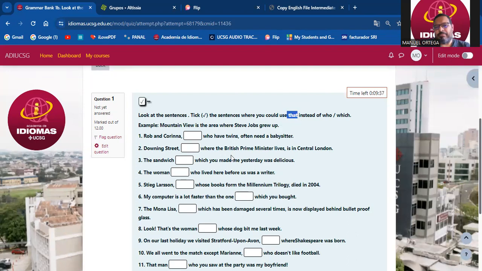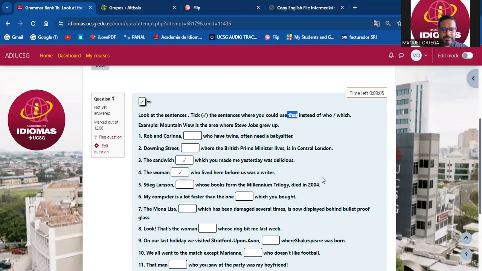For example, Rob and Corina who have twins: here I can put that. In number 2, can I use that? No. In number 3, the sandwich, there I'm going to put this one. Then you're going to tell me the logic of where we are putting it, right? Let's see number 4, the woman.